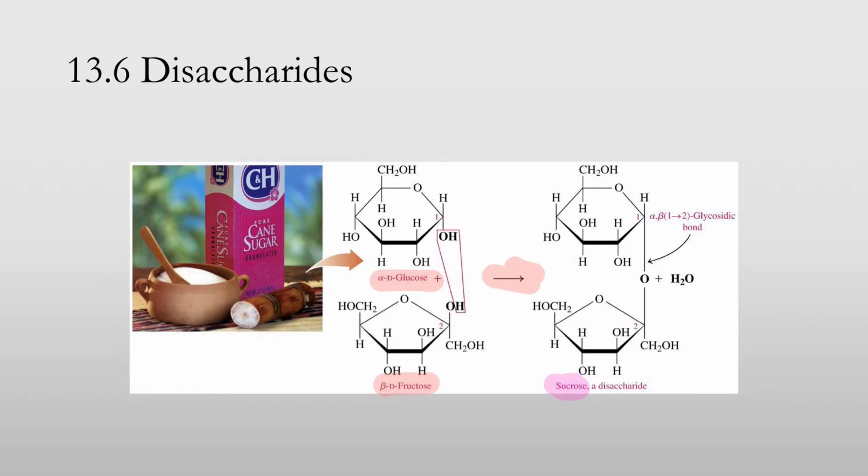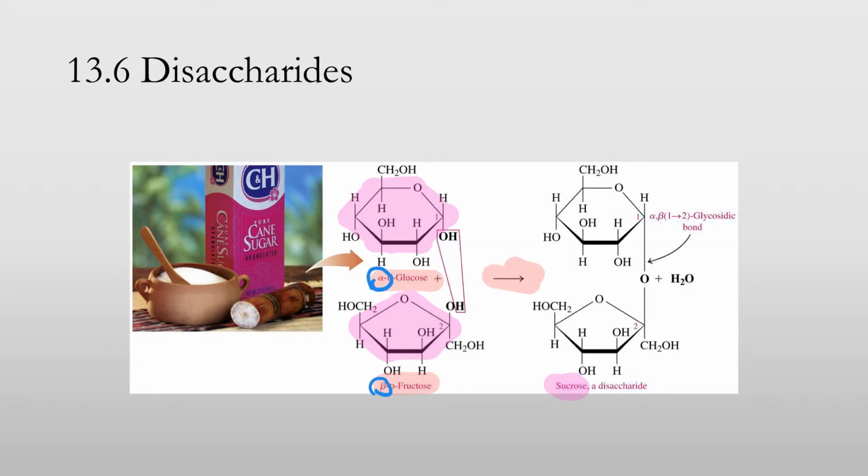So table sugar, this stuff you add to everything, is a disaccharide of fructose and glucose. And you'll notice that the fructose is a 5-membered ring, not a 6-membered ring right there. And I'm going to emphasize here now that you don't need to worry about the alpha and the beta so much. Like, I'm not going to say, is sucrose alpha D glucose?